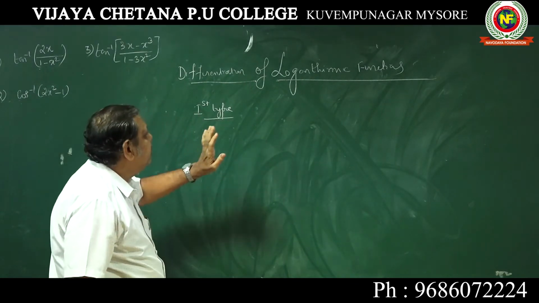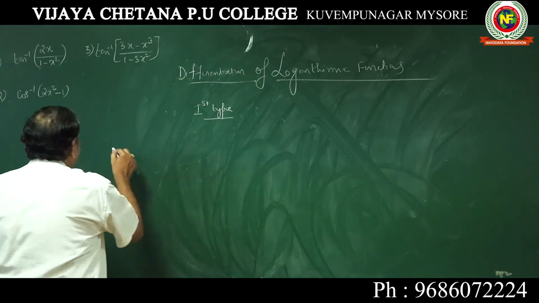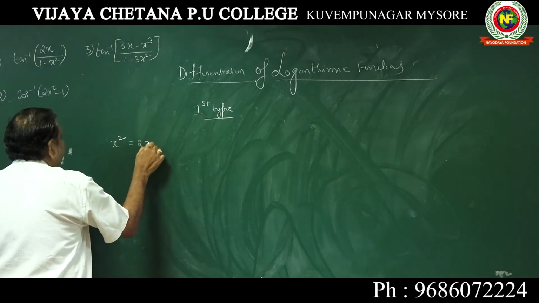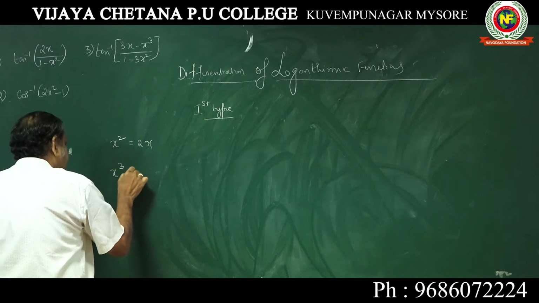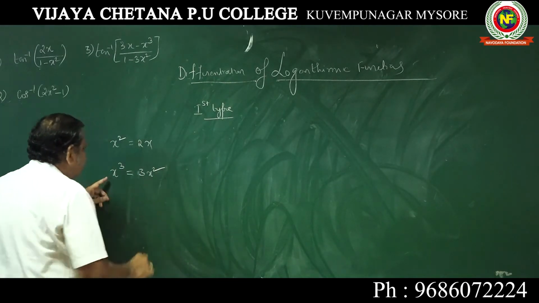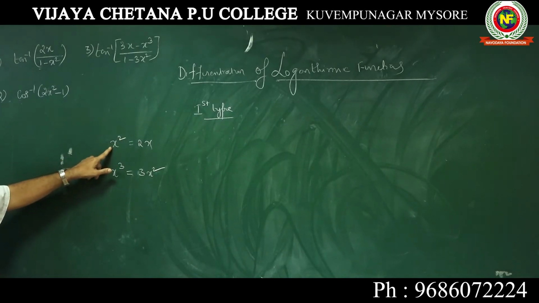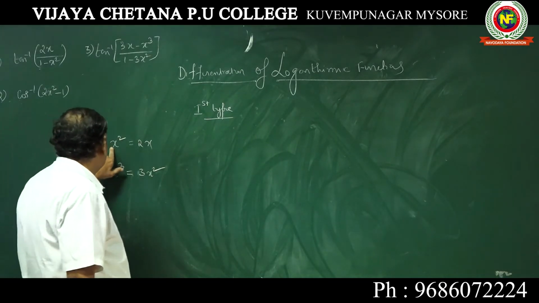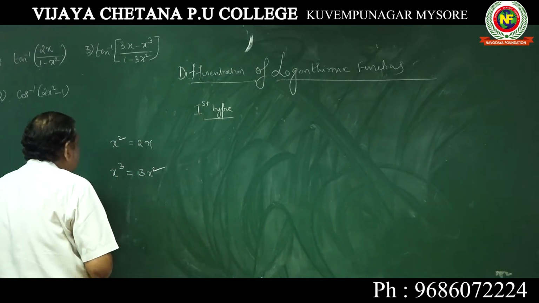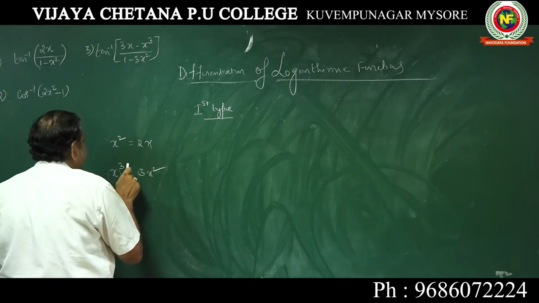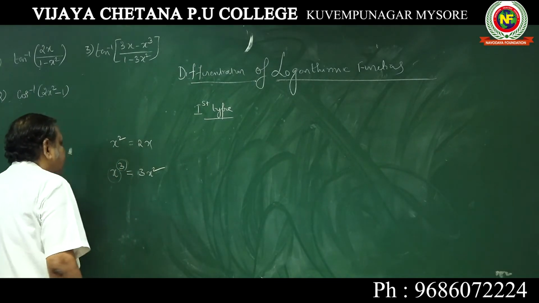Here you should note the base. You have done the differentiation of x square, which is 2x, and of x cube, which is 3x square. Here the base is a function of x and the power is a constant. But in a logarithmic function, both the base and the power are functions of x.